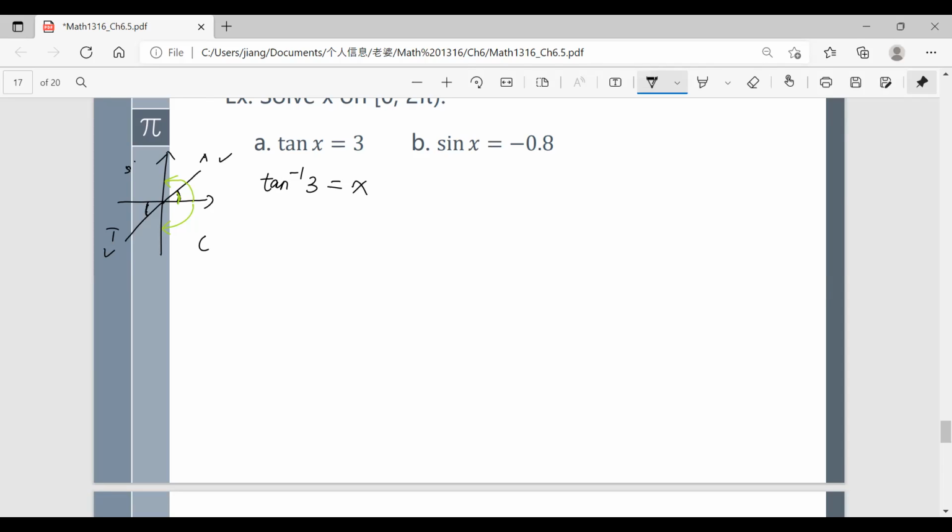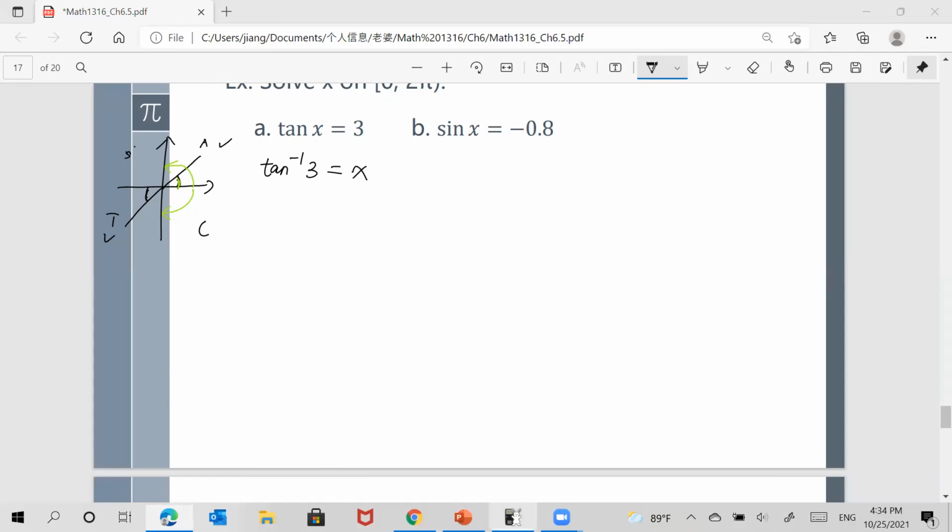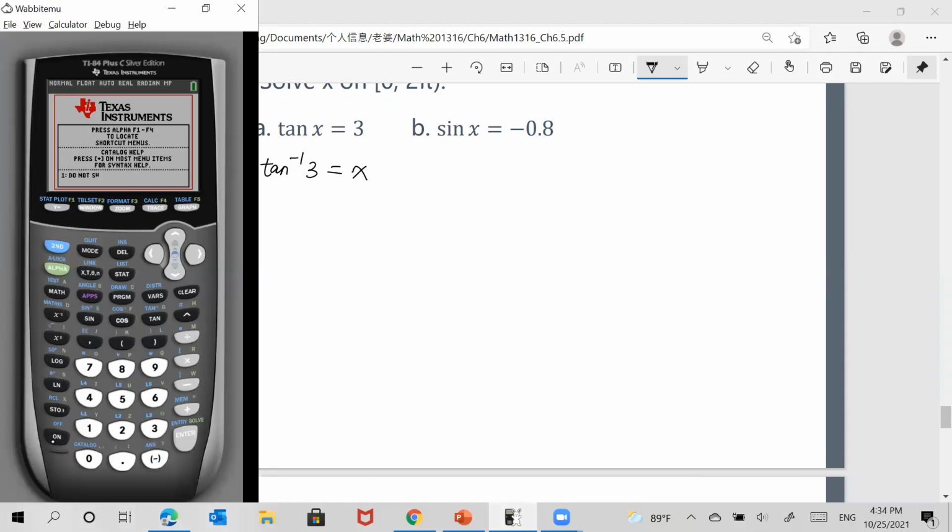Oh, I need to share the screen. New share, I need to share everything. Okay, I hope you can see the calculator. So inverse tangent 3. Oh, I forgot to check the mode of the calculator. I must have radian. Yes, it's radian. Second mode, quit.